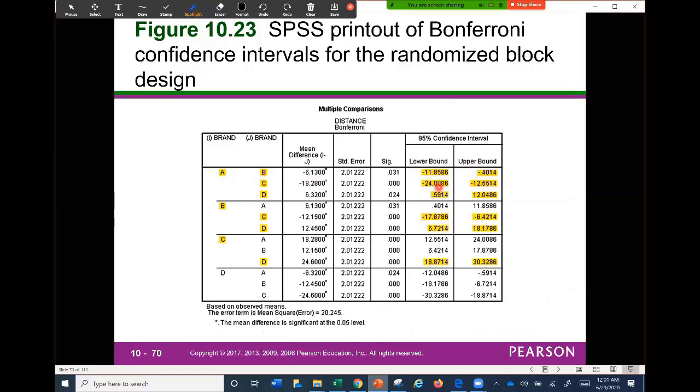Here, because the confidence interval is between two negative values, the difference between A and C is negative, at least negative 24 but no bigger than negative 12, then the second value is bigger than the first one, and so on. And after that, we can order all of these means. In these 6 comparisons, all of them will be strictly greater or smaller. Then all means are different according to this result, but you have to do it using the formal procedure. Let's stop here.